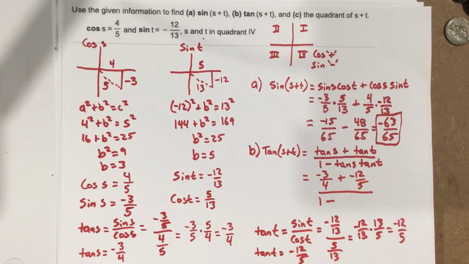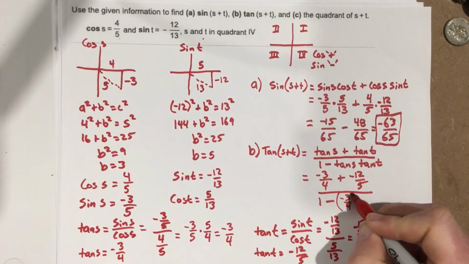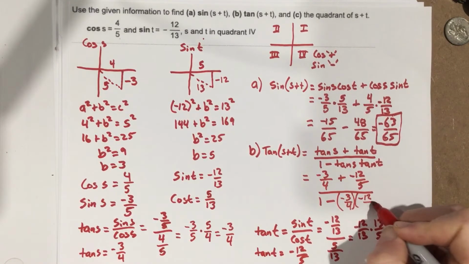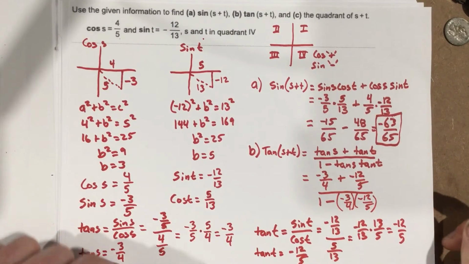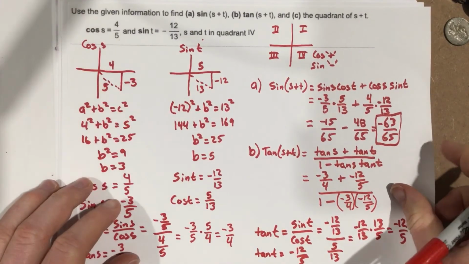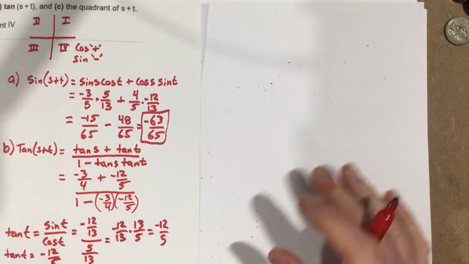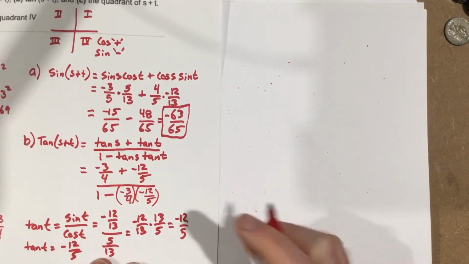Well, tan s tan t is negative 3 over 4 times negative 12 over 5. All right, now I'm running out of room, so I'm going to slide this over and streamline this to the side here. So we're just looking at this portion now to evaluate.